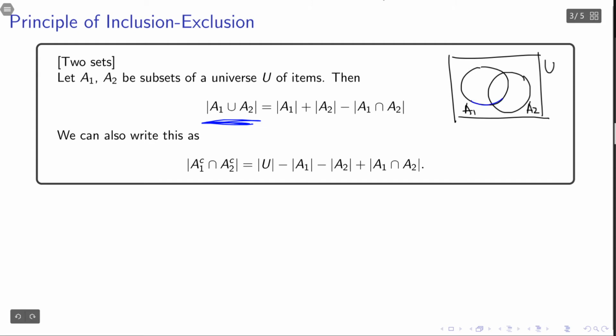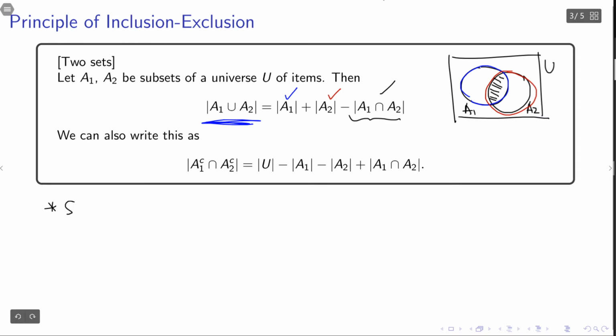You count everything in A1, that's this one. Then you count everything in A2, that's this term. And then you recognize that everything in the intersection has been counted 2 times, one more than what you need. So you subtract 1 copy of the cardinality of the intersection. And this gives you the union.